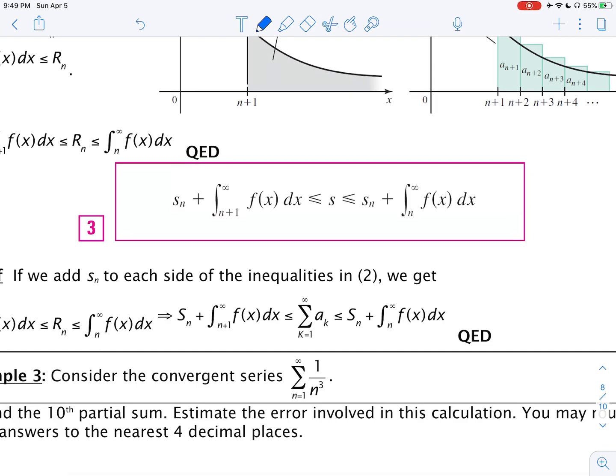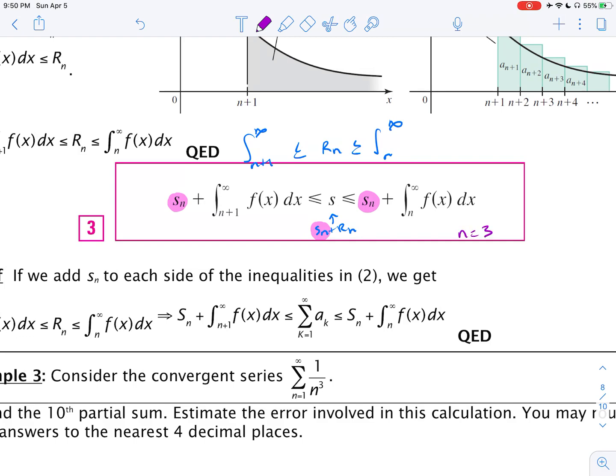So you can modify that by saying this is just S sub n plus R sub n, and just using that R sub n is less than or equal to the integral from n to infinity, and bigger than or equal to the integral from n plus 1 to infinity. If I am just adding S sub n to all sides, you can see where that is going. So I can actually figure out a range and say if I just add the first 3 terms, how much would I be off by?